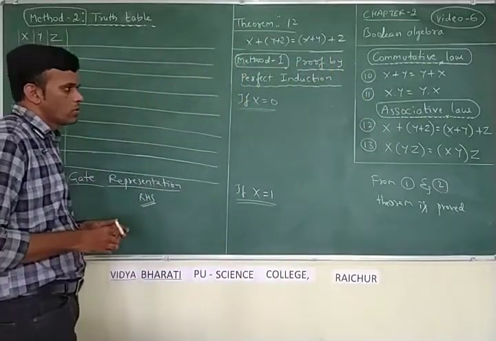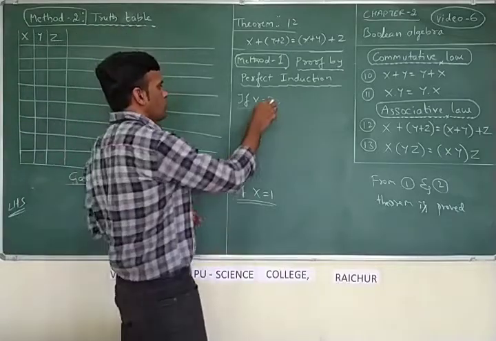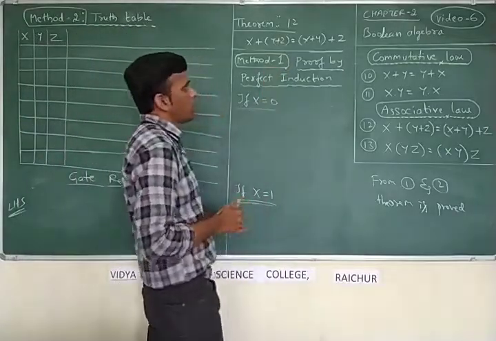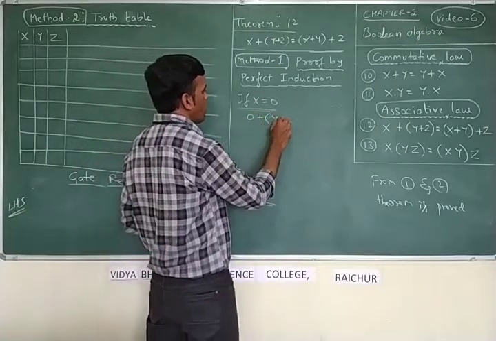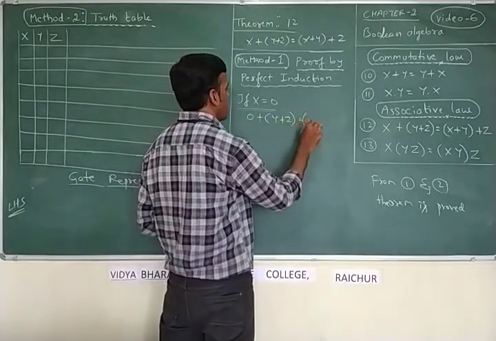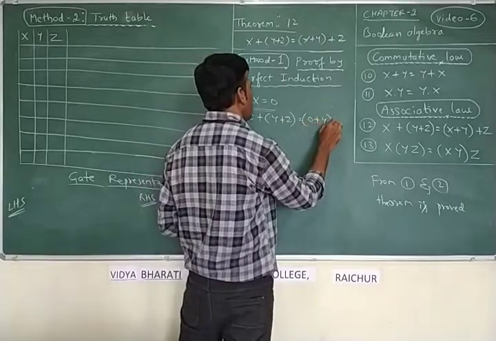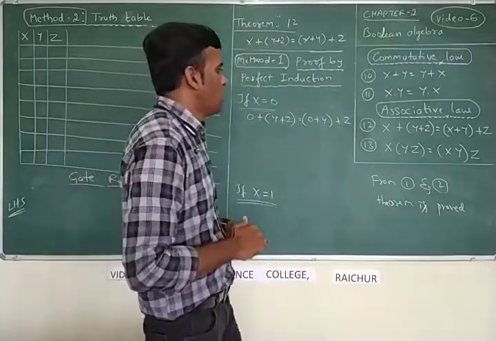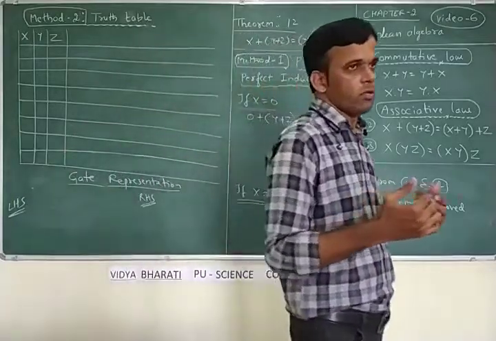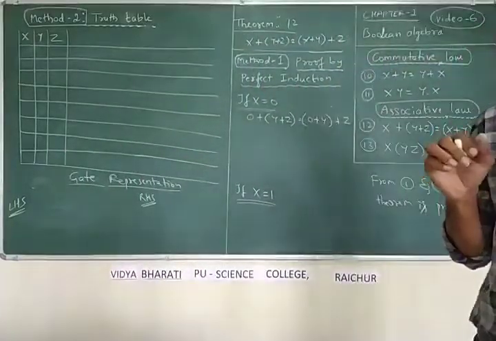Let x equal to 0. Substitute this 0 in this statement. So 0 plus (y plus z) equals to (0 plus y) plus z. So wherever we have x, we have to fill with 0.